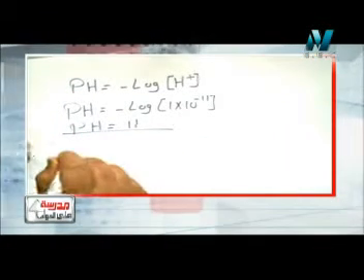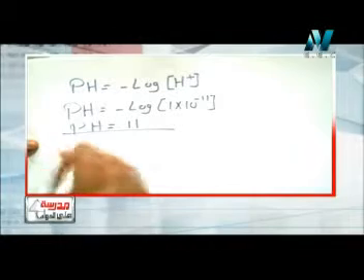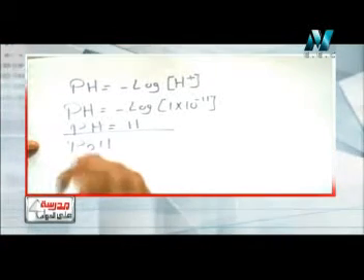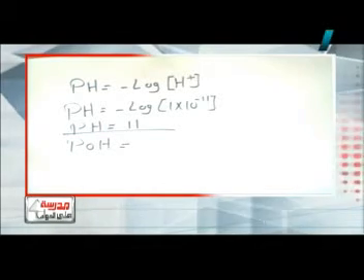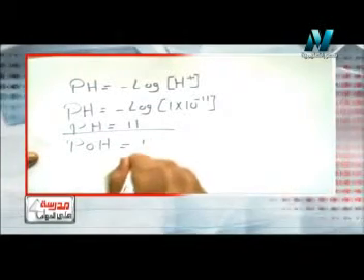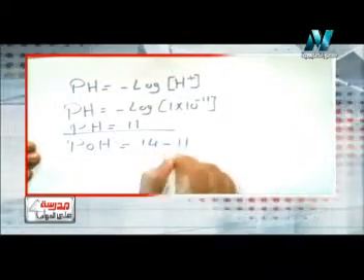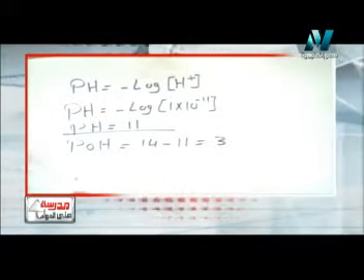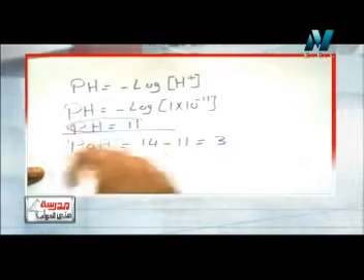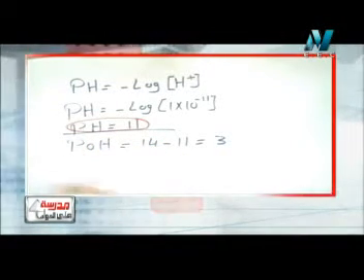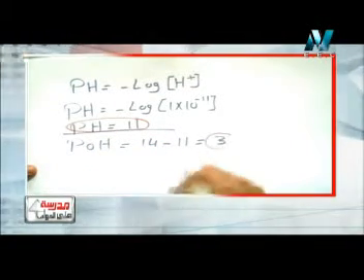What about the concentration of OH or the pOH? I said that pH plus pOH equals 14. So pOH equals 14 minus 11. It will be 3. So pH equals 11 and pOH equals 3.